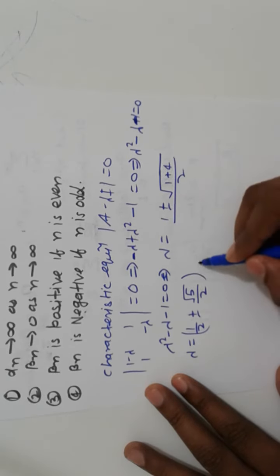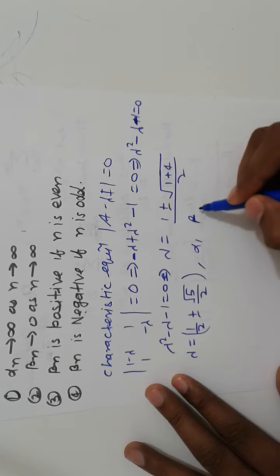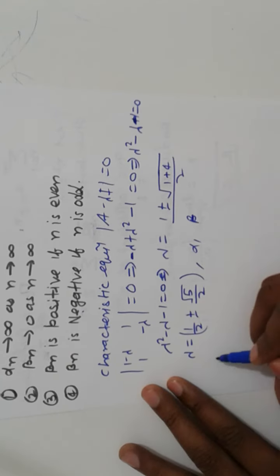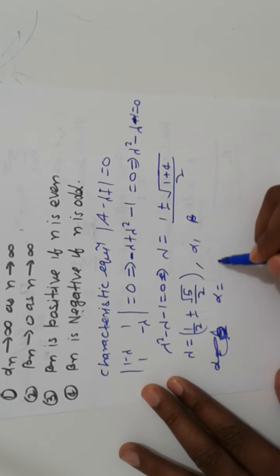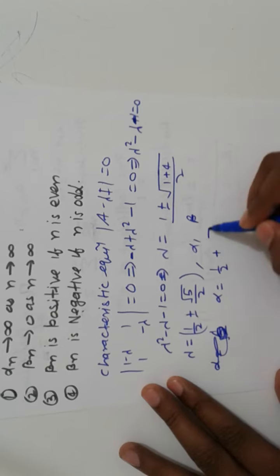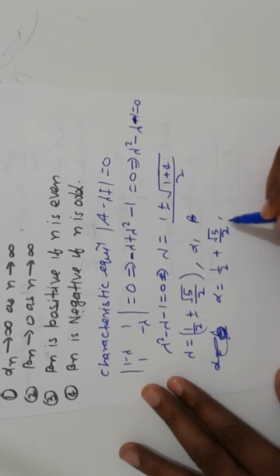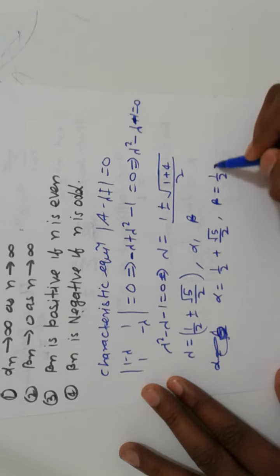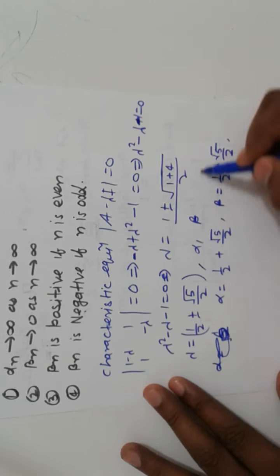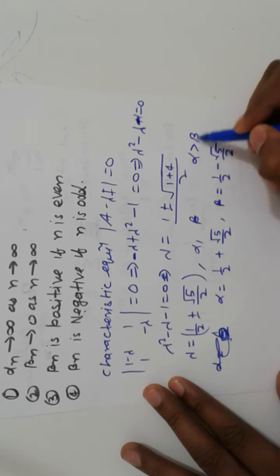But here two values, that is alpha and beta. Alpha is equal to 1 by 2 plus under root 5 by 2, and beta is equal to 1 by 2 minus under root 5 by 2. It is already given in the problem that alpha is greater than beta.